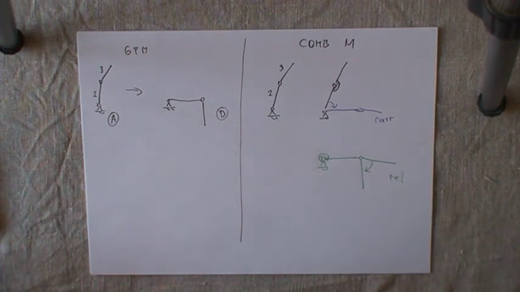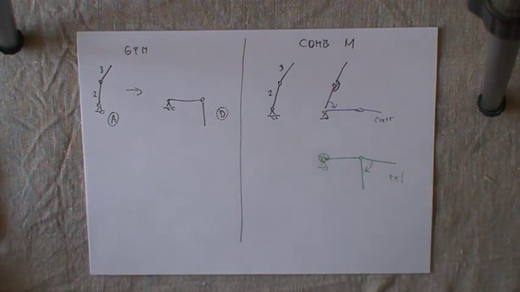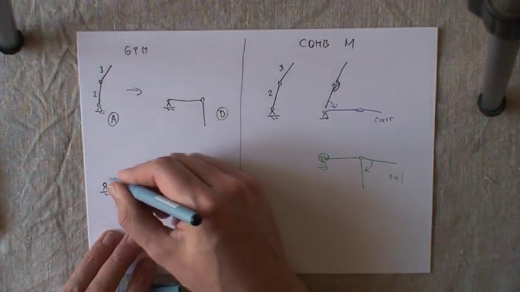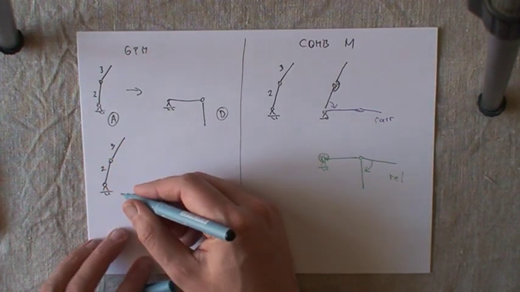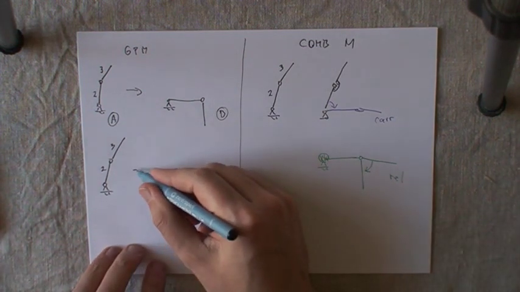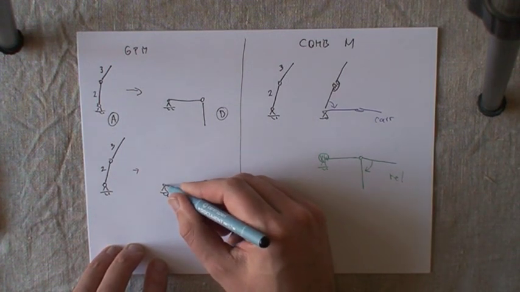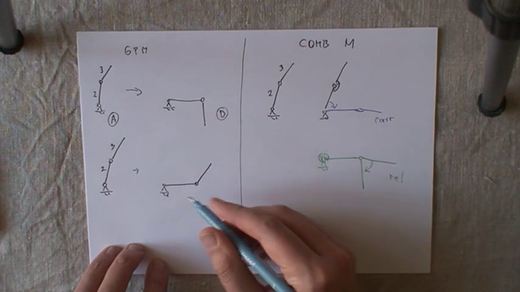While here, the situation is very different, because we will first, okay, let me draw again the initial position. We have a translation of a reference. So we will have translation of a reference, but no change here.